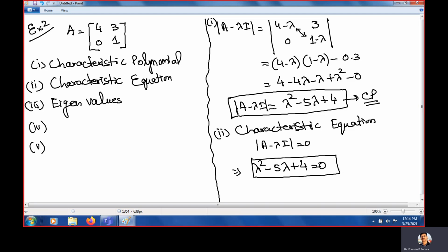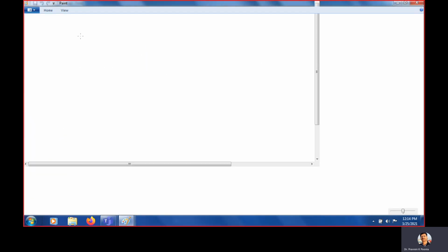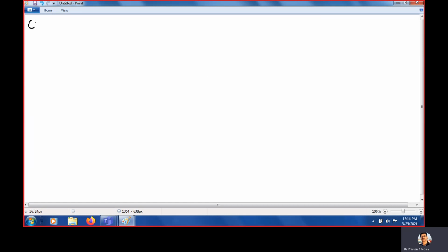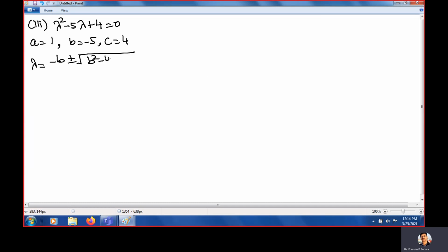Okay. Now, to find the roots of this, it is point number 3. Lambda power 2 minus 5 lambda plus 4 equals 0. So A equals 1, B equals minus 5, and C equals 4. Then using the quadratic formula, lambda equals minus B plus minus square root of B square minus 4AC, upon 2A. What is the value of B? Minus 5.